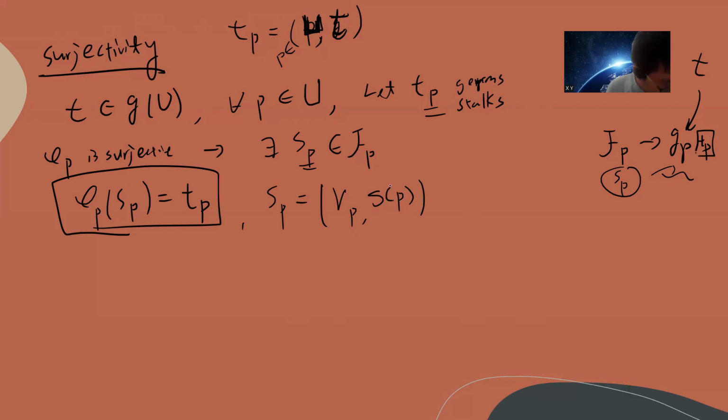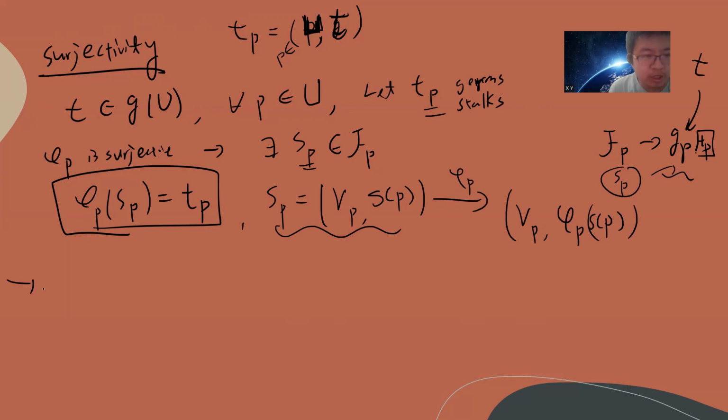Now we know, from the previous video on the induced map on stalks, that if I map this S_P by phi_P, then we get V_P and phi_P(S_P).